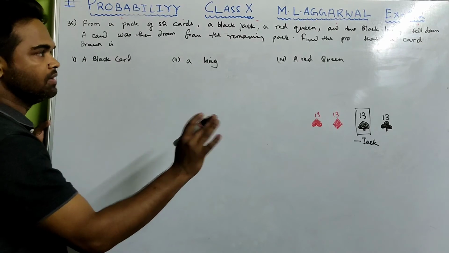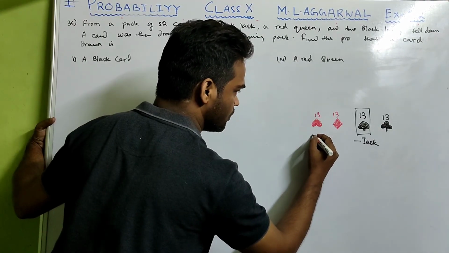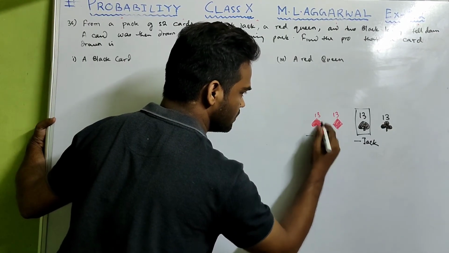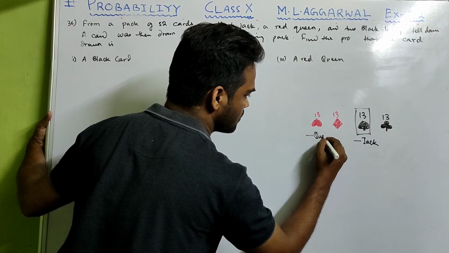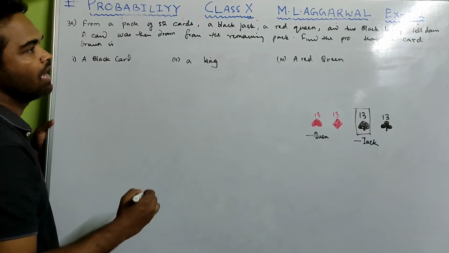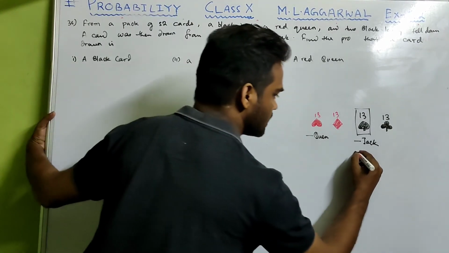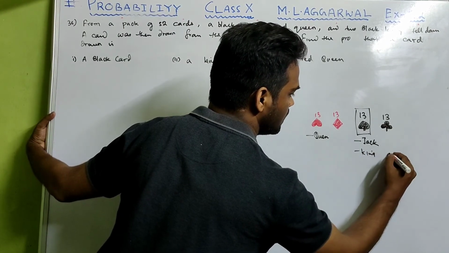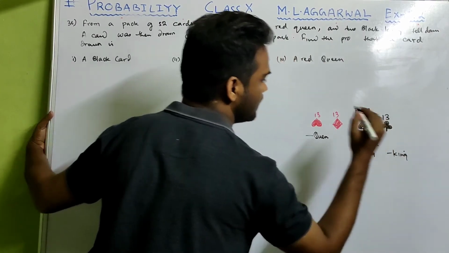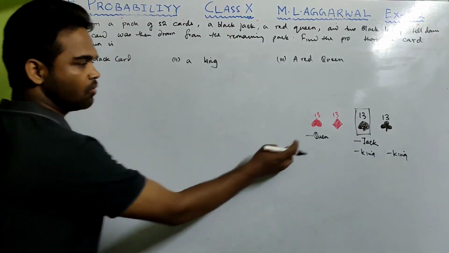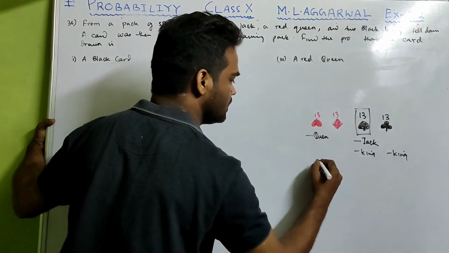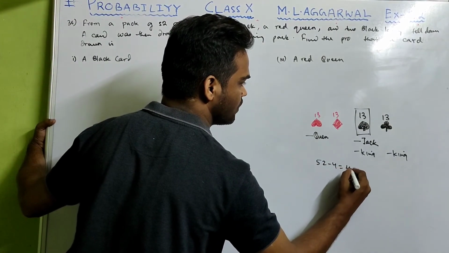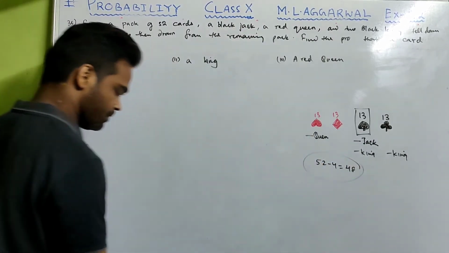A red queen, suppose a red queen from this, red queen fell down, okay, and 2 black kings, means a king from here and a king from here fell down. So out of 52 cards, 1, 2, 3, 4 cards fell down. So 52 minus 4, that's 48 cards remain.